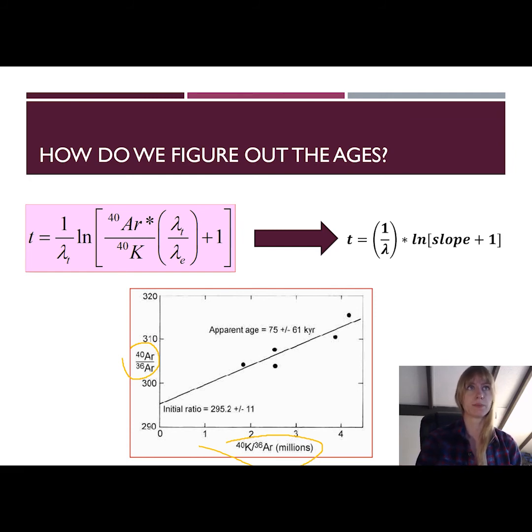So where the line intercepts, you have your initial argon, which is the B. And then the slope is determined by subtracting the highest and lowest value of potassium argon and then dividing them. And this is where you plug into the age equation, which gives you the age of your sample. Remember, slope plus 1, y equals mx plus b, essentially what you're looking at.